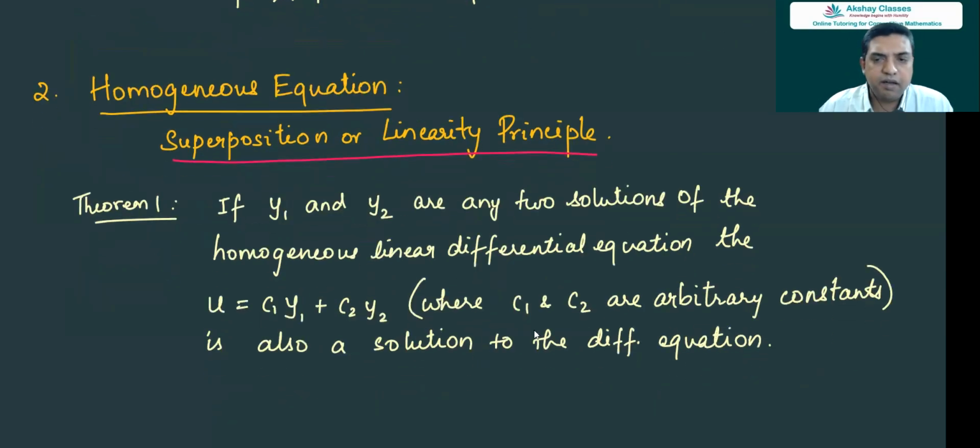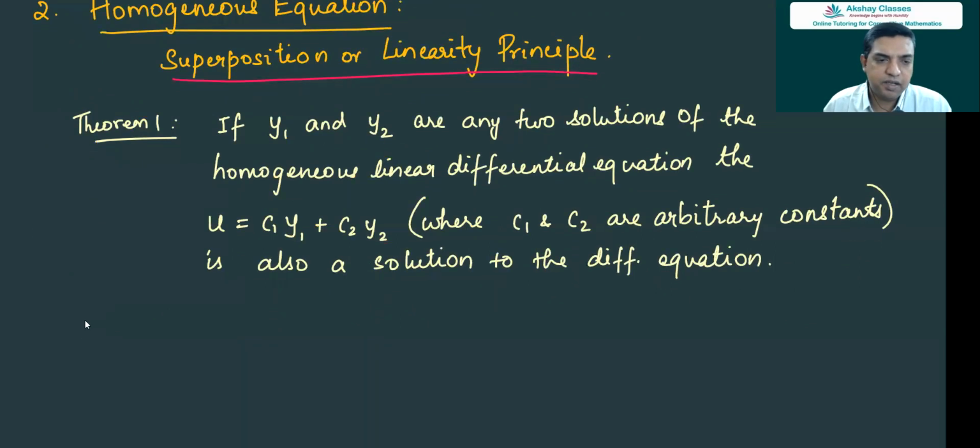So for an nth order differential equation, if y1 and y2 are two solutions, that means y1 means y equal to some f1 of x and y2 is y equal to some f2 of x, they are two solutions, then c1y1 plus c2y2 is also a solution.